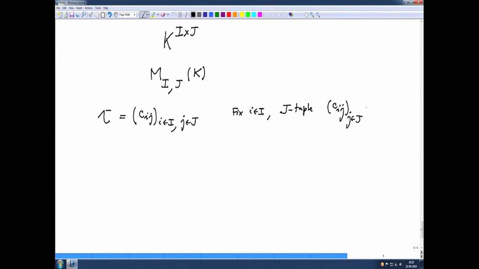This is an element in k power I. This is called the jth column of C.